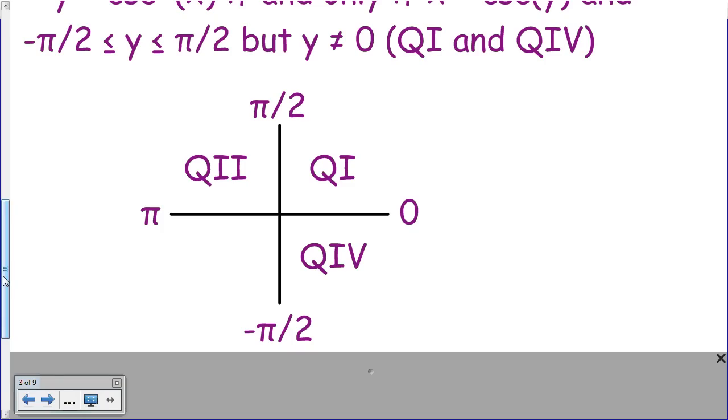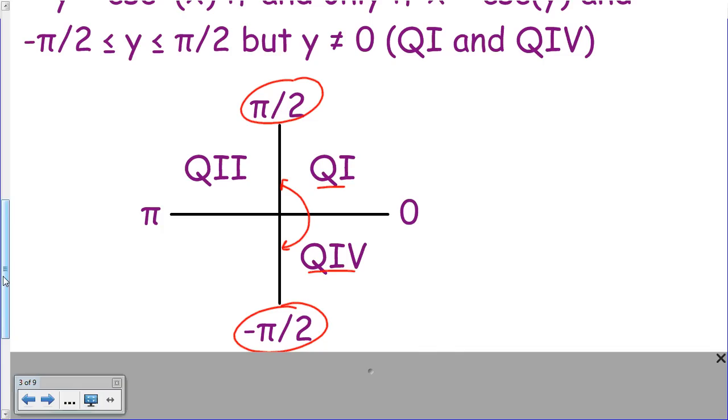So if you're looking at an angle or a range from negative pi over 2 to positive pi over 2, here's negative pi over 2, here's positive pi over 2. So you're talking about angles that would fall in this range right here. And you can see that that would be quadrant 1 and quadrant 4, just like we've set up above.